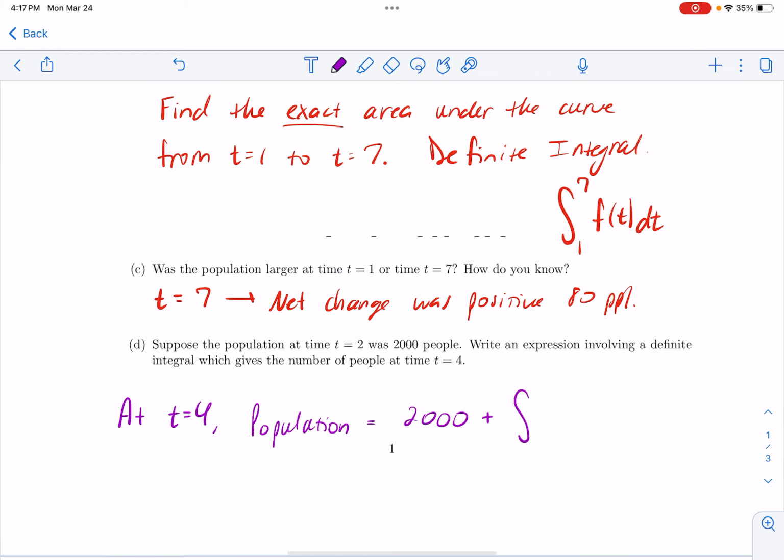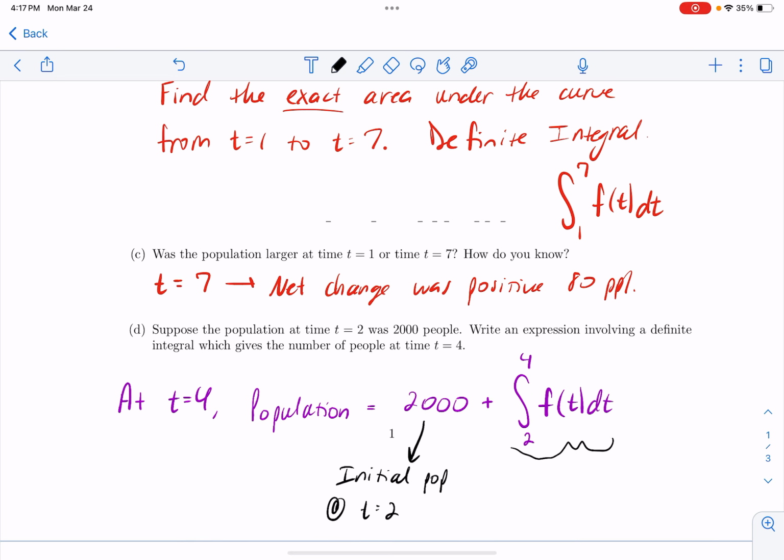So at t equals 2, we had 2,000 people. So started with 2,000 people, we're going from 2 to 4 of f of t dt. So our 2,000 is the initial population at t equals 2.